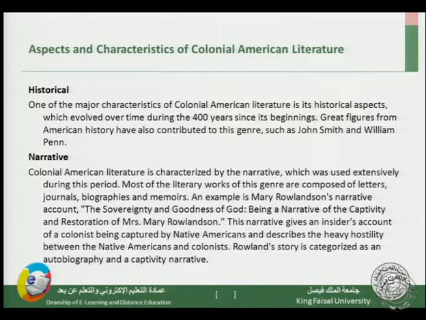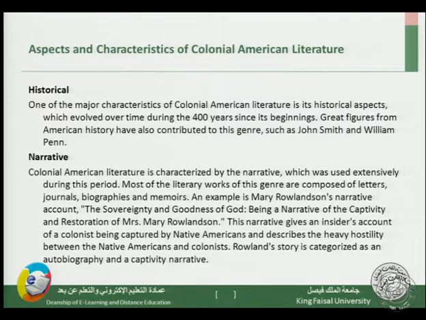In narrative we mean writing journals, letters, diaries, or things related to memories, writing down memories, and also biographies, letters.